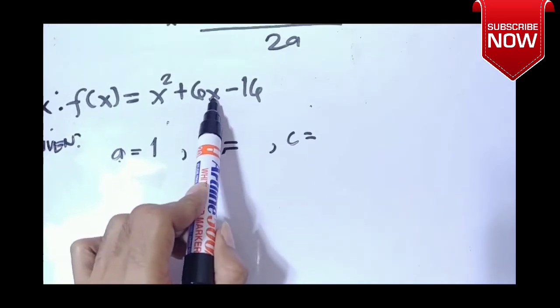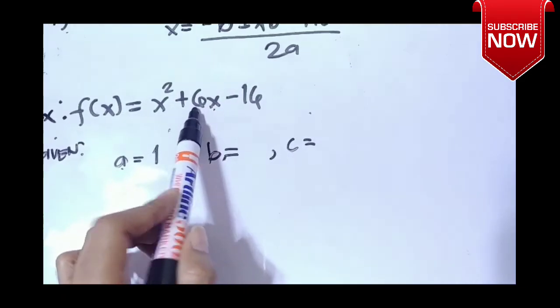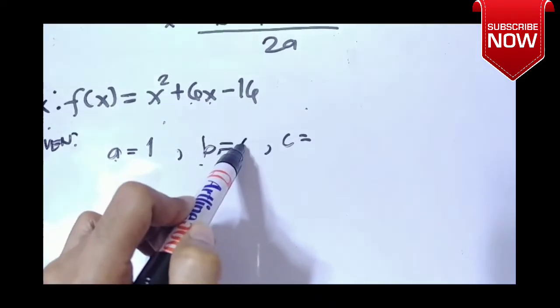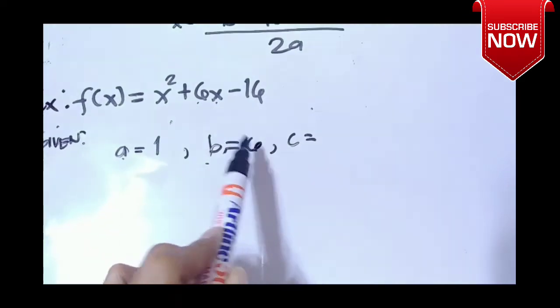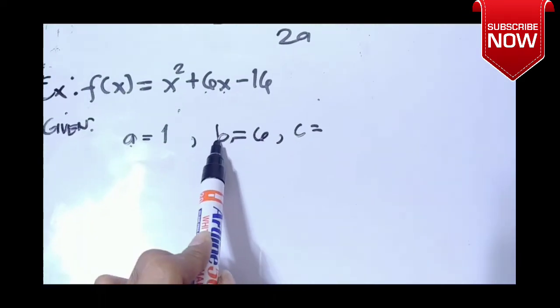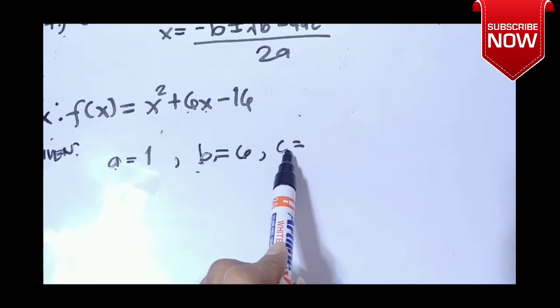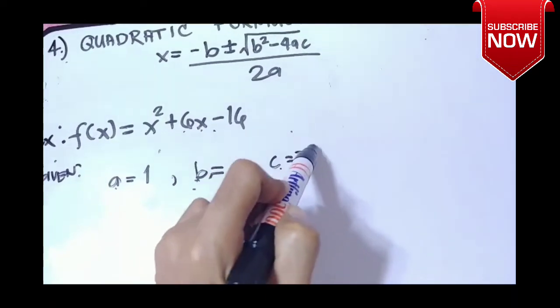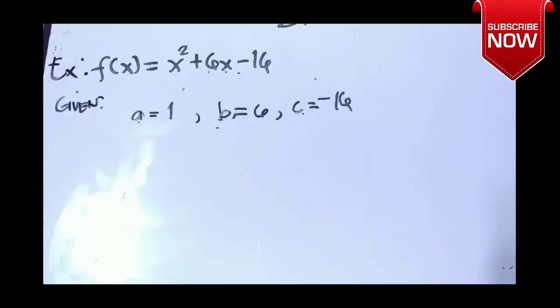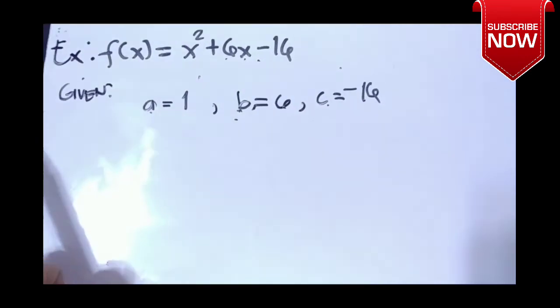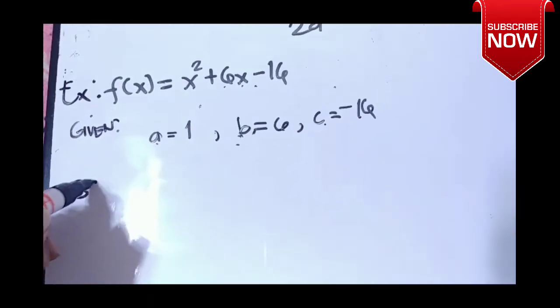For linear term x, the coefficient is 6. So we will write 6 as the corresponding value of the letter B. Well, C, the constant term, that is negative 16. So after writing these values, we can now proceed to our formula.